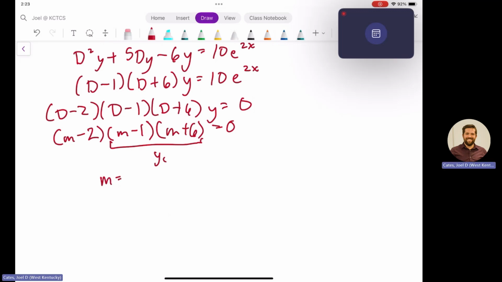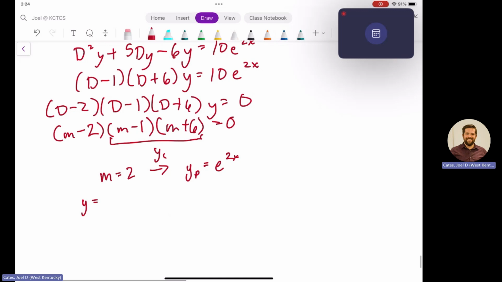We have m is 2 as the only solution that we get for the particular solution. So at this point, we can say that y is looking like c sub 1 e to the x plus c sub 2 e to the minus 6x plus c sub 3 e to the 2x.